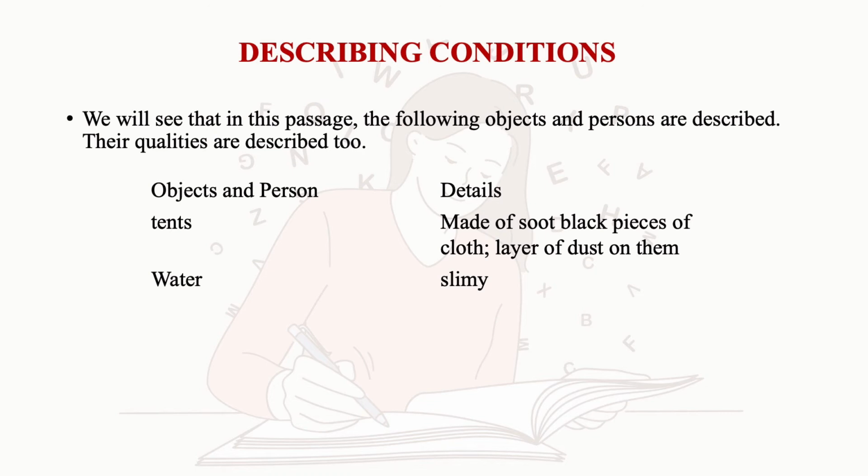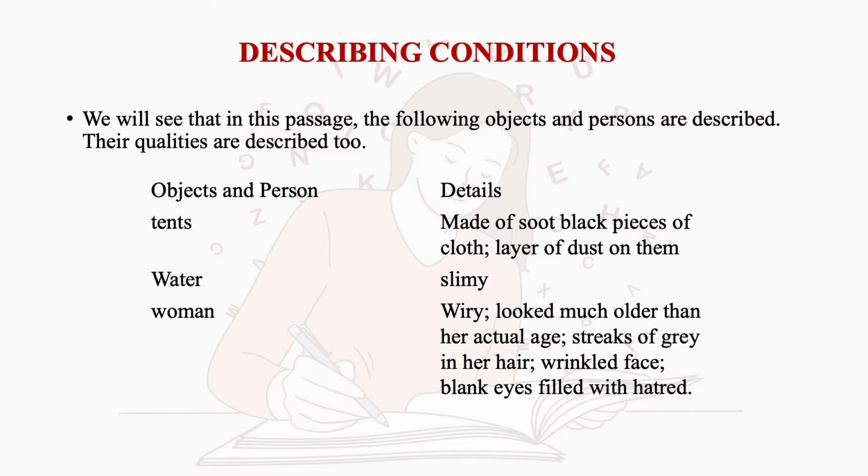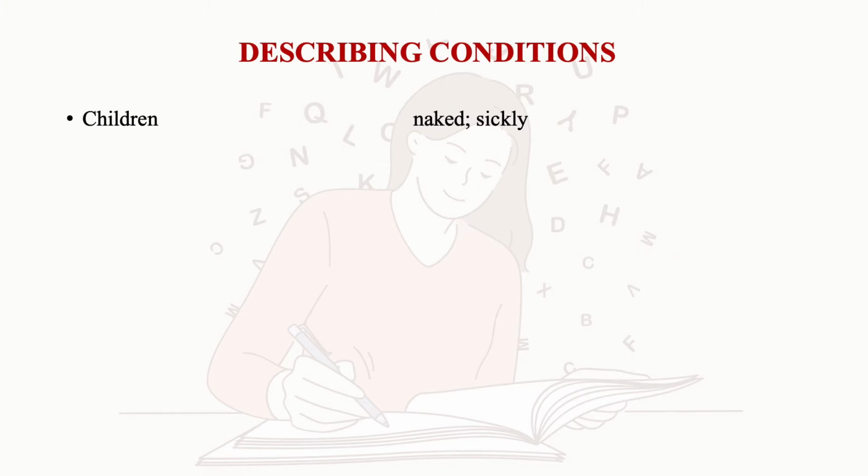The detail is slimy. Number 3, woman. The details for the woman are wiry, looked much older than her actual age, streaks of grey in her hair, wrinkled face, blank eyes filled with hatred. Number 4, children. The details for the children are naked and sickly.